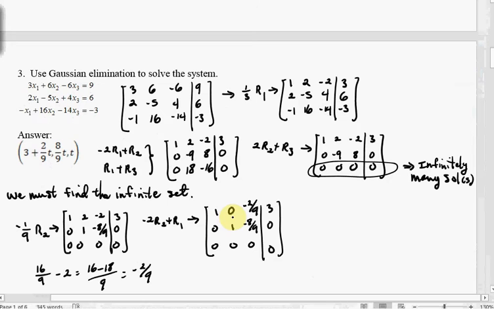Now look, if you didn't have the answer over here, then you couldn't see this. But I want you to see how from this matrix, the answer works itself out. Remember, this 1 represents 1 times x sub 1. This is x sub 1 is equal to 3. That's the 3 there, right? Get this term on the side with the 3, that becomes plus 2 over 9 times t.